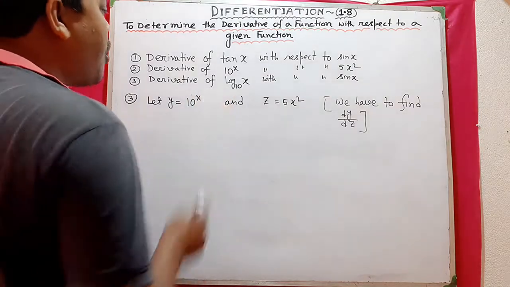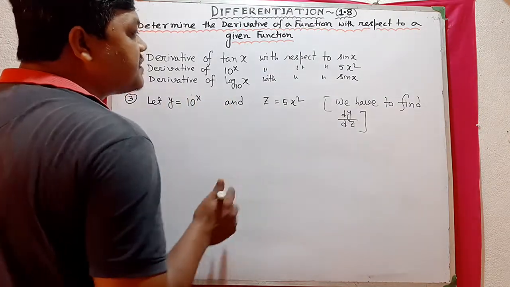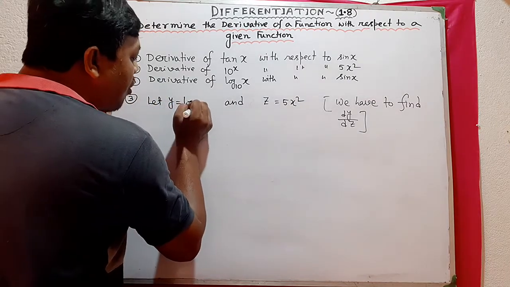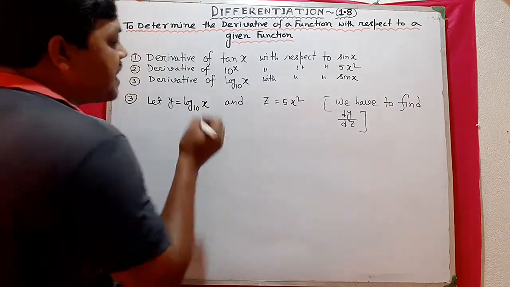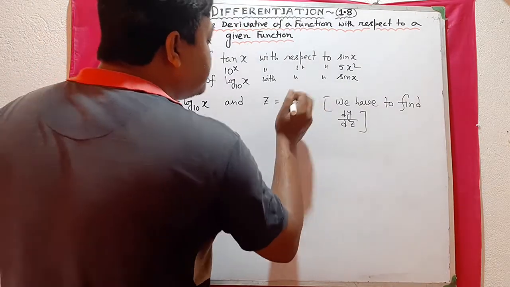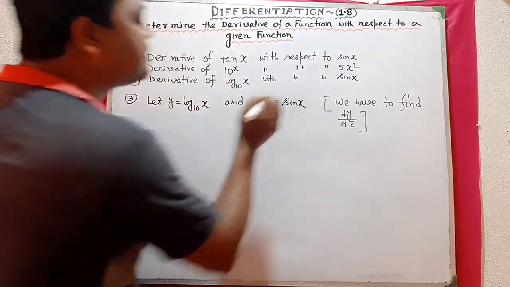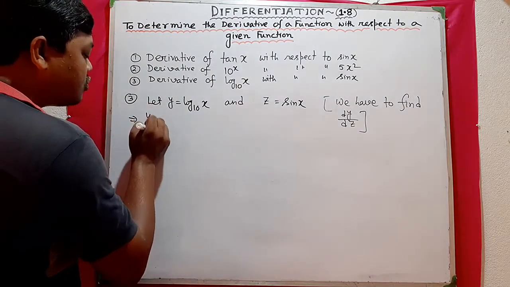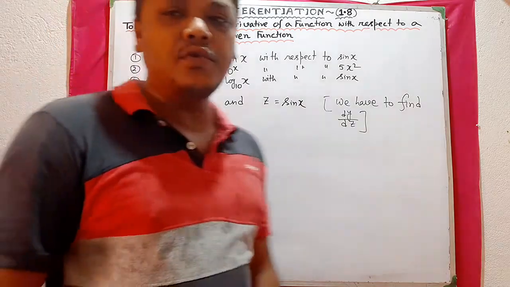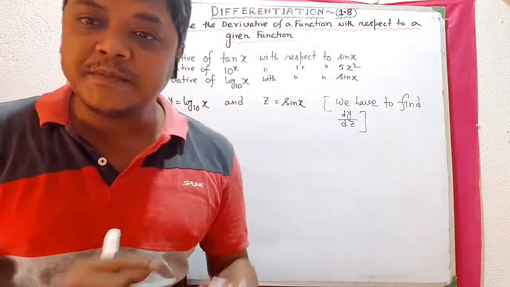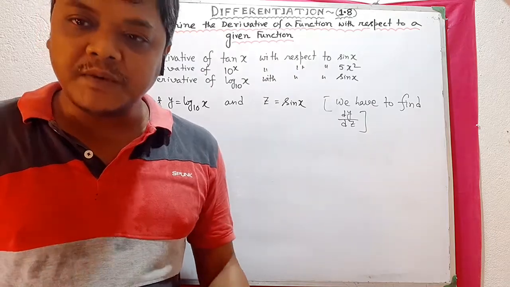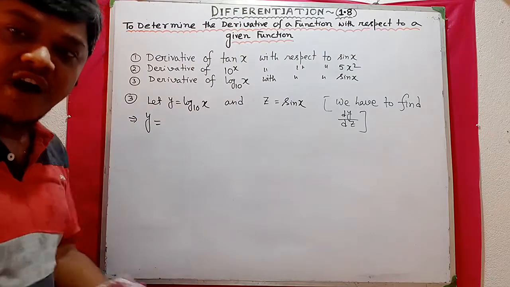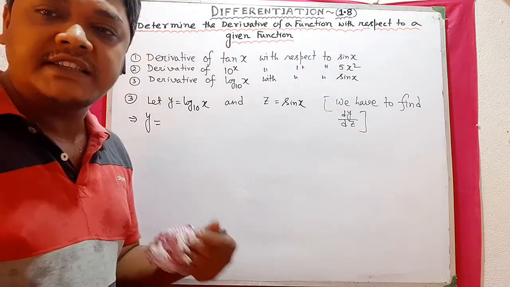Derivative of log x base 10 with respect to sin x. Let us assume y equals log x base 10 and z equals sin x. We always know the derivative of log x base e, but we don't know the derivative of log x base 10, there is no formula here, so we have to convert it to log x base e.